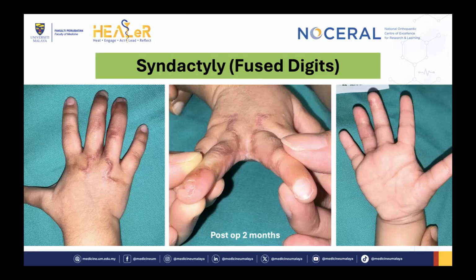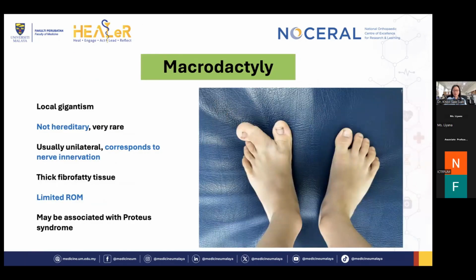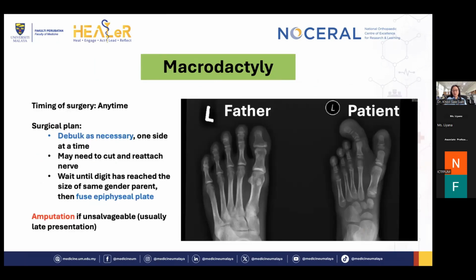The next one is macrodactyly. Local gigantism is not hereditary and is very rare, and it usually corresponds to the nerve innervation. In most cases, the child will have limited range of motion of the joint. It may be associated with some syndromes as well. What we usually do is debulk it as necessary, one side at a time. Sometimes if the nerve is very big, we may need to excise it.